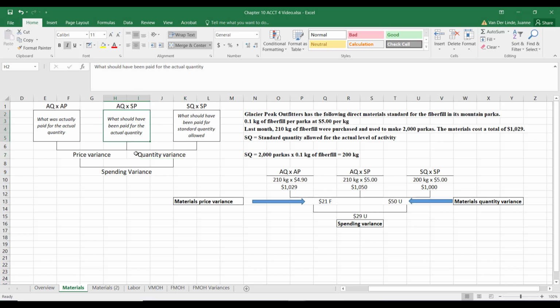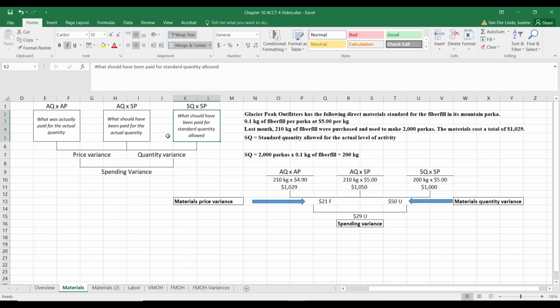So we're still going to use that middle portion and see what should have been paid for the actual quantity used, and compare that to what should have been paid for the standard quantity allowed. Again, you're essentially just comparing what we actually used to what we should have used for the actual level of activity. Here, standard price is the one that's the same between the two, so they're being compared based on quantity.